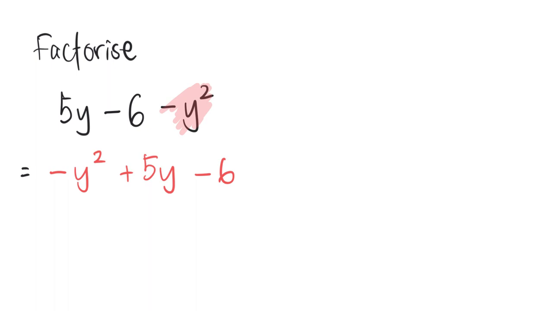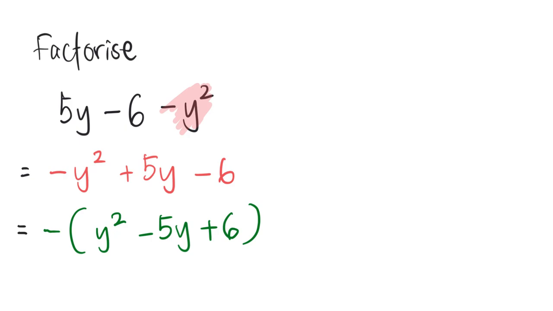And then, this is something Mr. Tan will do. I am going to take out negative 1 as a common factor, and I'm left with y squared minus 5y plus 6.